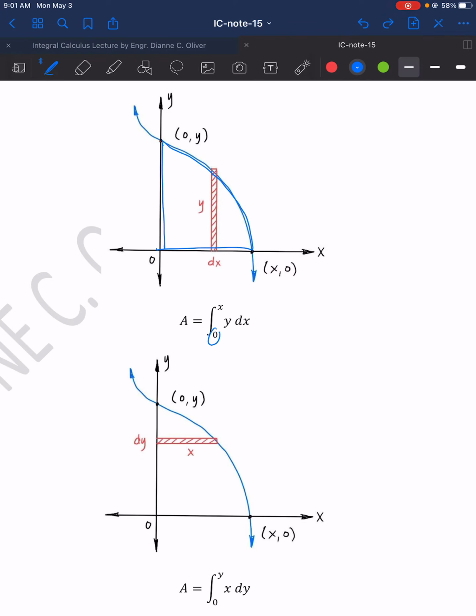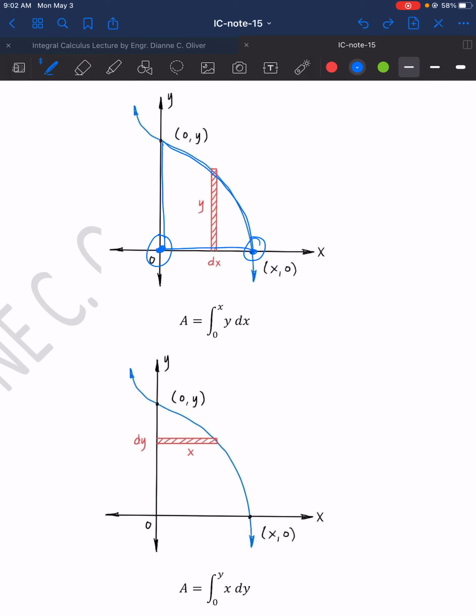So we have x1 to x2, since it is the farthest to the left in the intersection of the boundaries, and then we have farthest to the right of the intersection, then we have here 0 to x as the upper and lower limits.